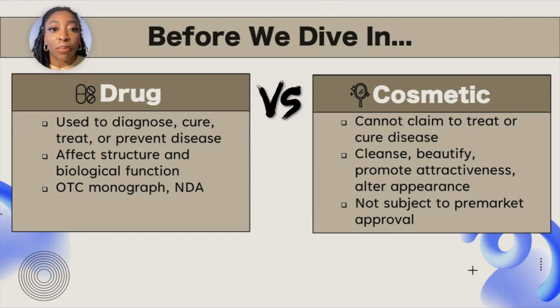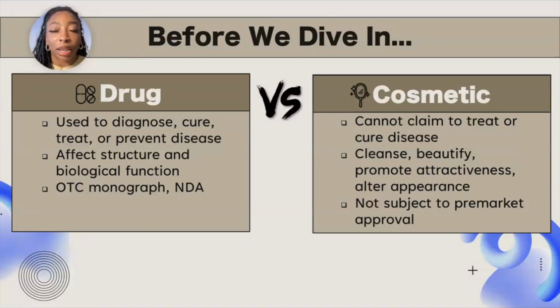They are products that have been proven to affect the body in a clinically meaningful and relevant way, and they are subject to pre market approval. In order for a drug product to be marketed, they must either follow an existing over the counter monograph, which is a list of specific actives that can be used for certain indications, or they must go through the formal drug approval process with the FDA and file a new drug application.